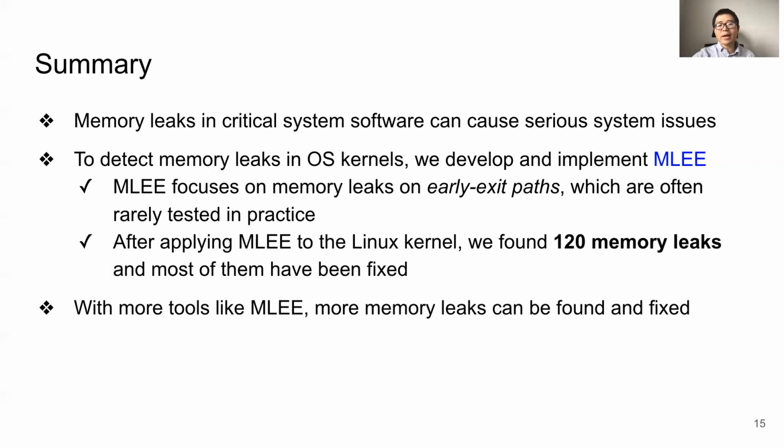After applying MLEE to the Linux kernel, we found 120 memory leak bugs, and most of these bugs have been fixed in the latest Linux kernel. We believe with more tools like MLEE, more memory leaks can be found and fixed in critical system software.